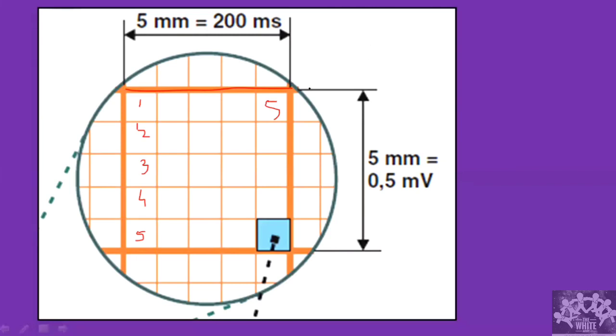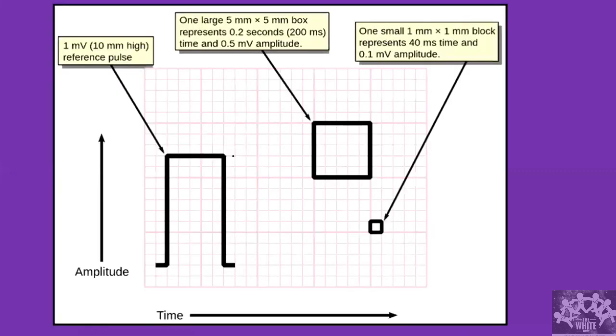This whole thing is mentioned here as 5 millimeter, which means that if I take one single box, this would be 1/5 of the total, which is 1 millimeter. This whole thing is 1 millimeter, and this also is 1 millimeter, because here it is 5 millimeter in the horizontal plane as well as in the y-axis. Okay. So 1 millimeter by 1 millimeter is one small box, and 5 millimeter by 5 millimeter is one large box. So remember this, we'll proceed to the next thing.